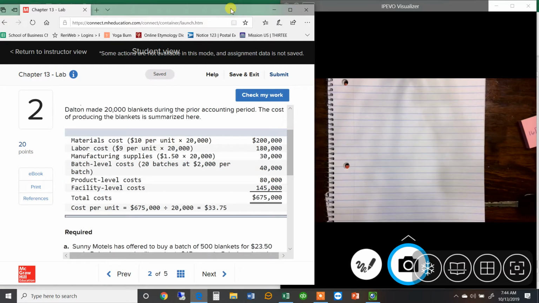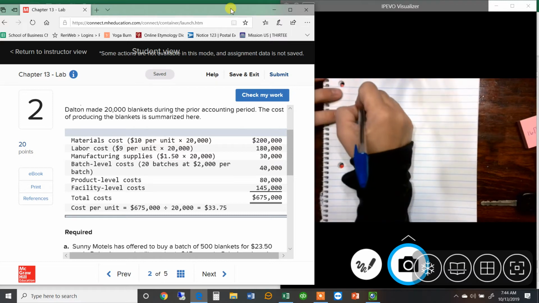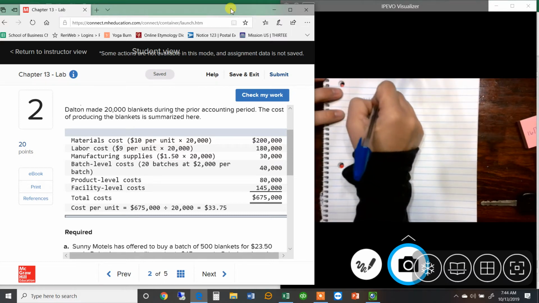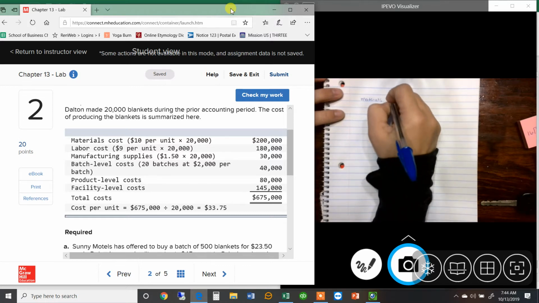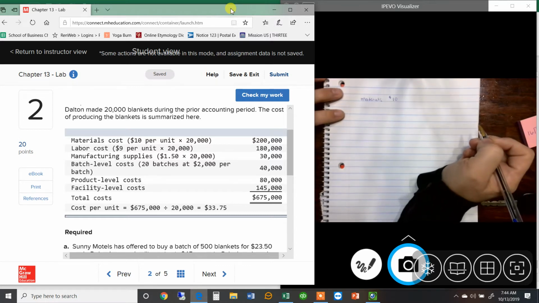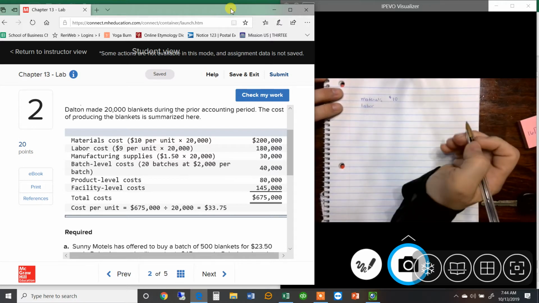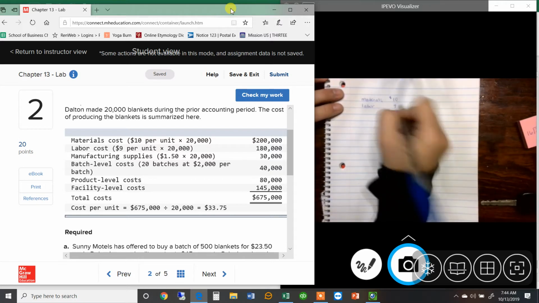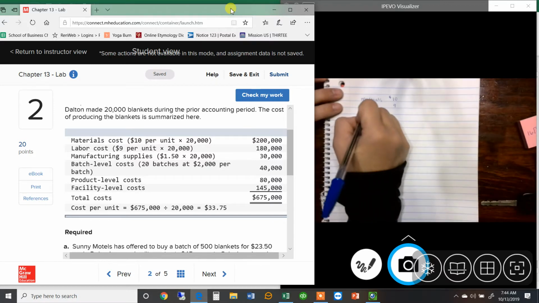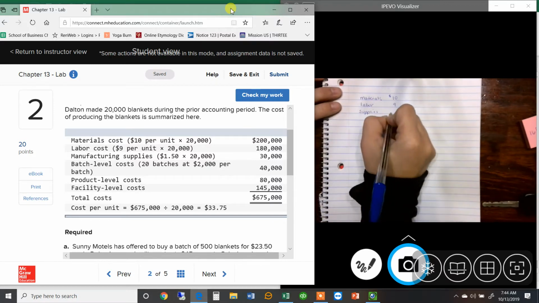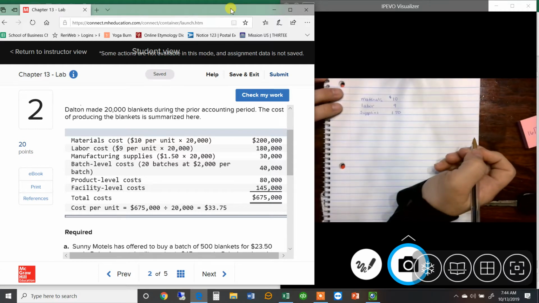So if I make an extra blanket, I'm going to have materials, it would cost me $10 every time I made a blanket. If I make another blanket, I'm going to have labor costs, and it says here my labor costs are $9 per unit. Manufacturing supplies, it's going to cost me $1.50 every time I make a blanket.